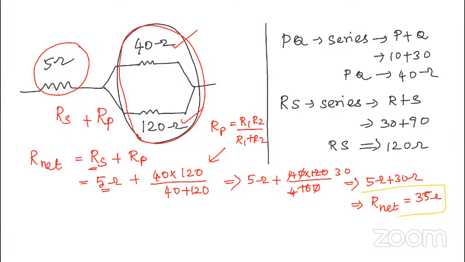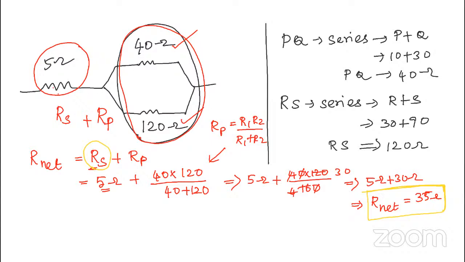The internal resistance value is added only at the end, since it is connected in series with the whole circuit. You should not add it to the first two resistances. The 5 ohm internal resistance is connected with the ends A and C. When it is connected to A and C, we should not add its value directly to the P and Q series connection, that would be wrong.